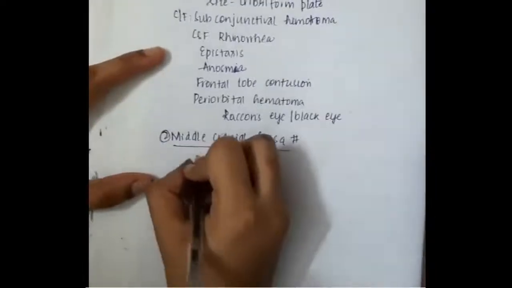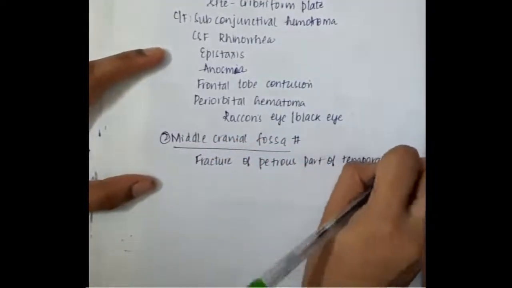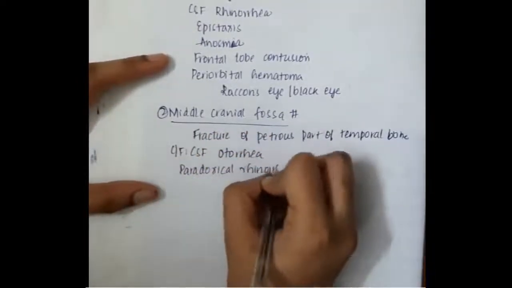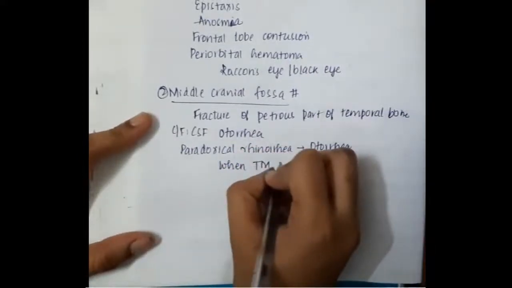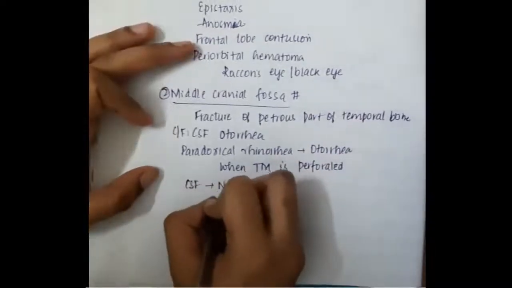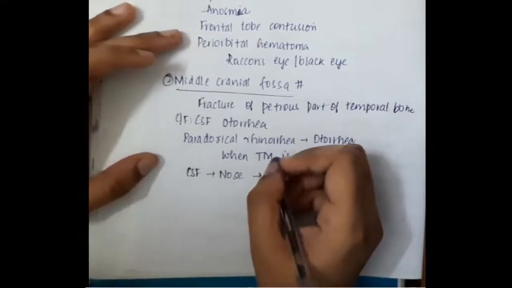Second, middle cranial fossa fracture causes fracture of the petrous part of the temporal bone. Clinical features include CSF otorrhea, leakage of CSF through the ear, or paradoxical rhinorrhea which can progress to otorrhea, especially when the tympanic membrane is ruptured.